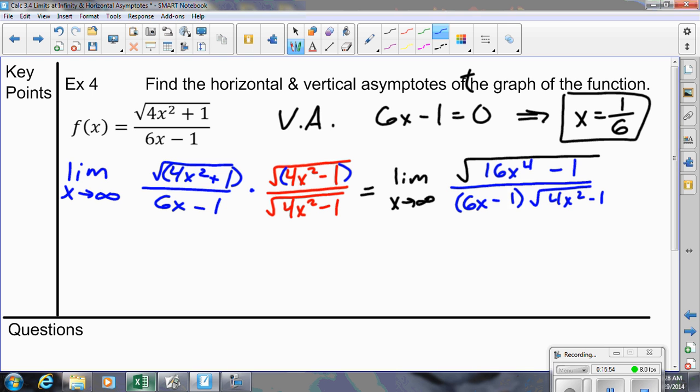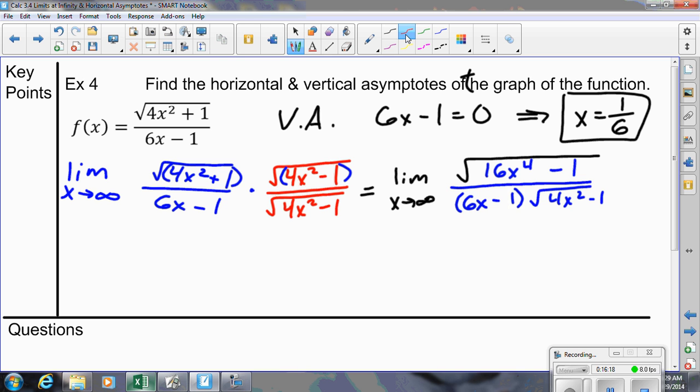Okay, so what's happening now? If we are looking at this from an intuitive approach, if we're taking x approaching infinity, if we start getting really, really far out towards like 10 million, 100 million, and farther, is there much of a difference between 16x to the fourth and just 16x to the fourth minus 1?